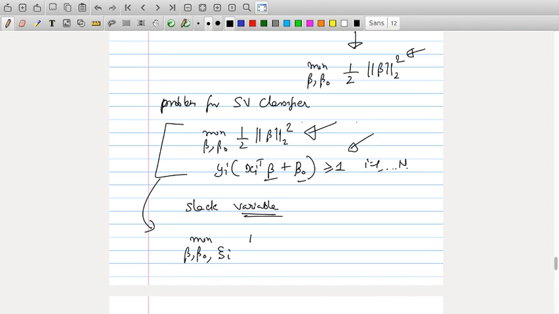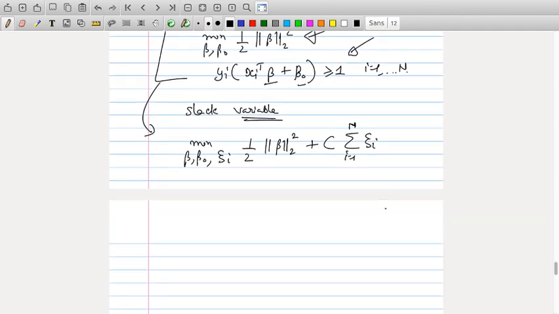It's going to be 1/2 of the norm of beta square plus c times the sum over i equal to 1 to n of ci, one slack variable per observation, subject to the same constraint: yi times (xi transpose beta plus beta naught) is greater than or equal to 1 minus ci, and ci is greater than or equal to 0.